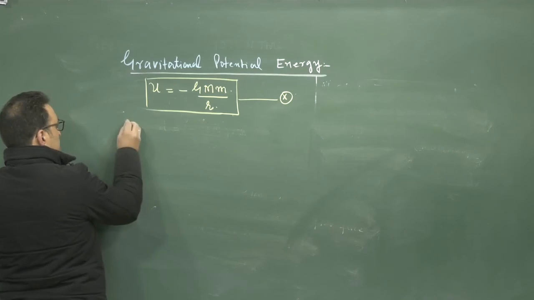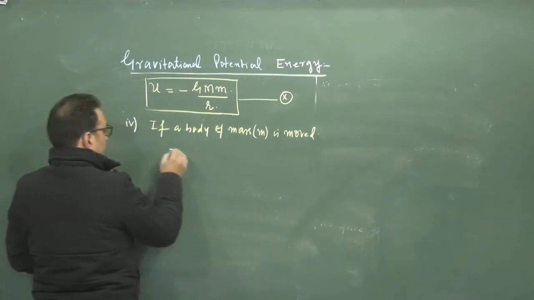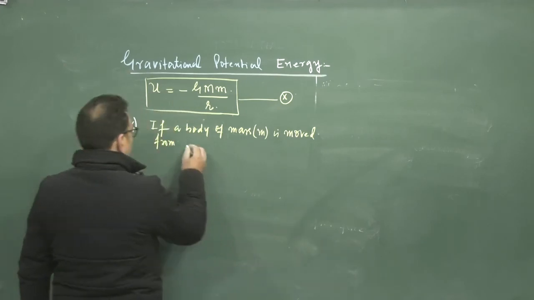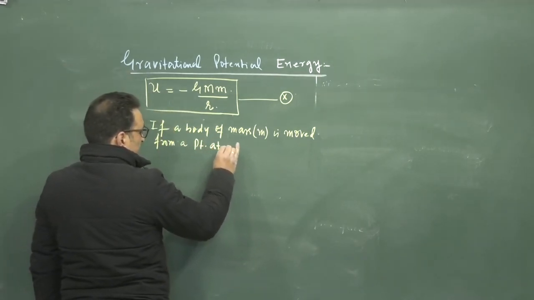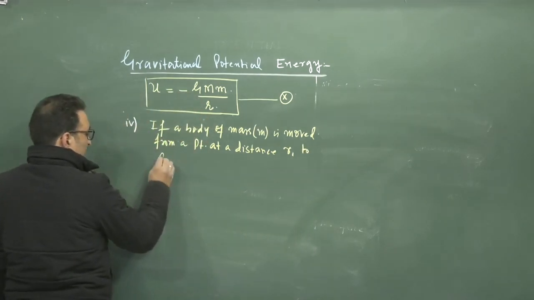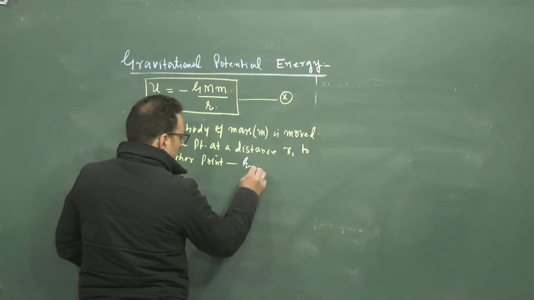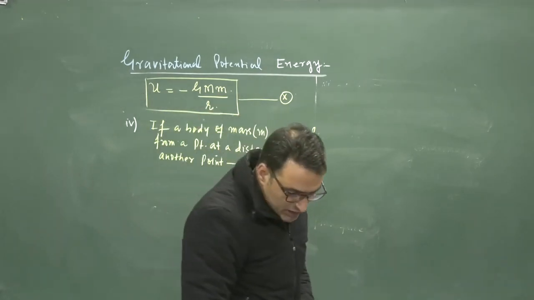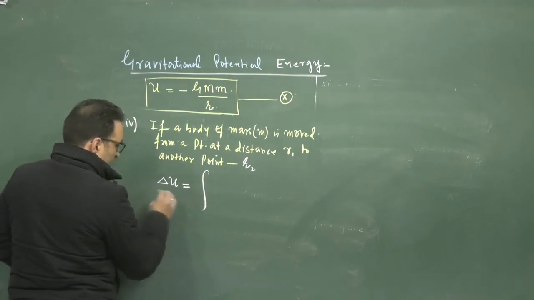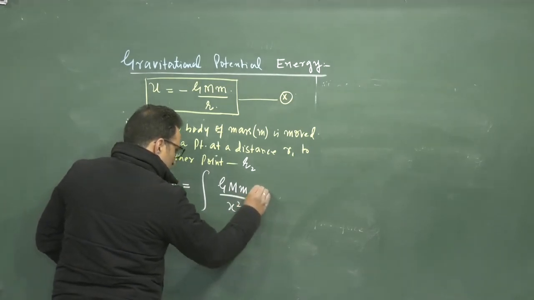And another point. Now another point is this point number 4. If a body of mass m is moved from a point at a distance r1 to another point which is at a distance of r2, then the change in the gravitational potential energy of a body, that means delta U, will be equivalent to integration of GMm by x square dx.